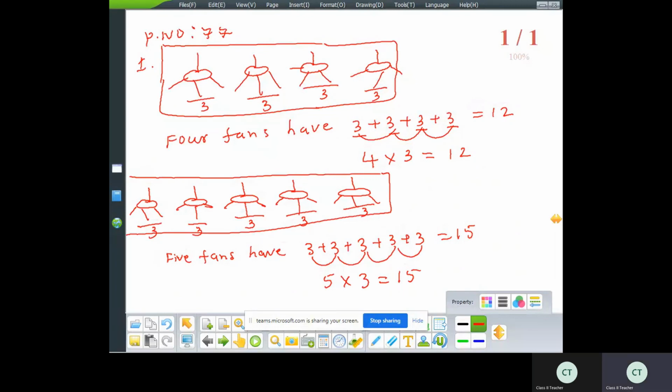This is the question number 1, page number 77. We have finished. How many wings are there in 5 fans? 5 3s are 15.